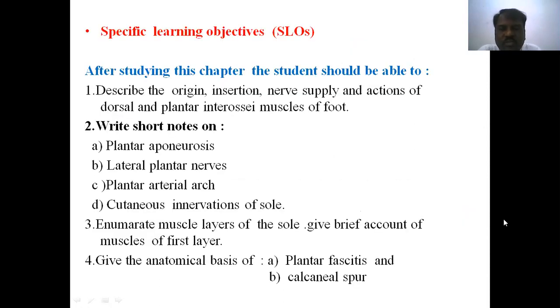Specific learning objectives are: describe the origin, insertion, nerve supply, and action of the dorsal and plantar interossei muscles of the foot; short notes on plantar aponeurosis, lateral plantar nerves, plantar arterial arch, and cutaneous innervation of the sole; enumerate muscle layers of the sole; give a brief account of the muscles of the first layer; give the anatomical basis of plantar fasciitis and calcaneal spur. So these are the specific learning objectives.